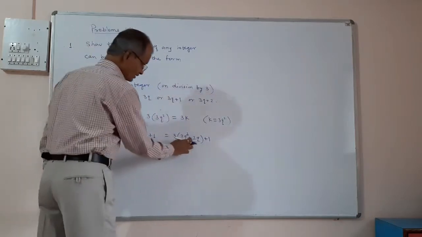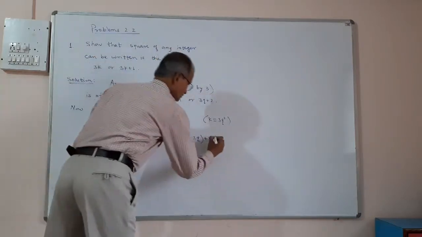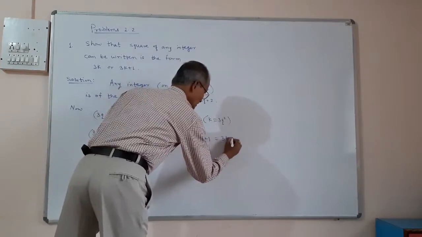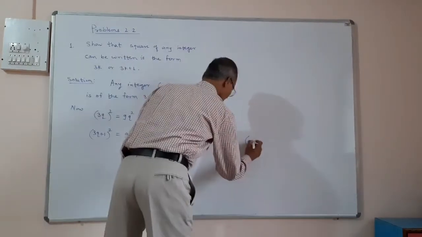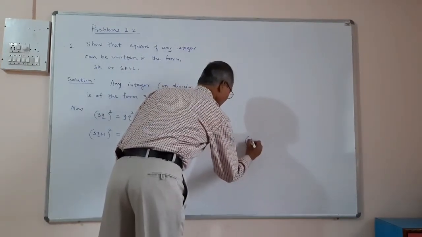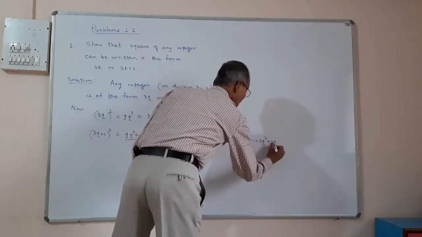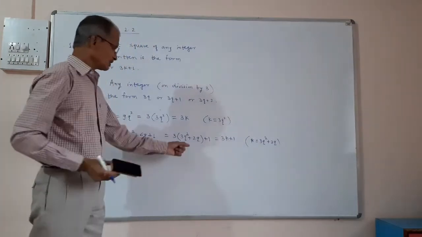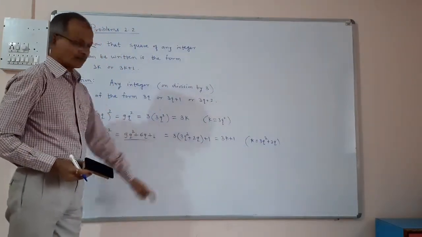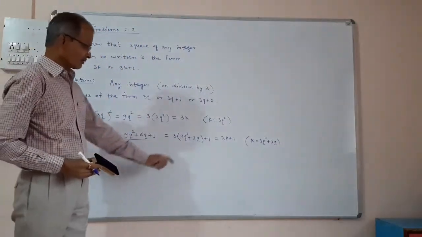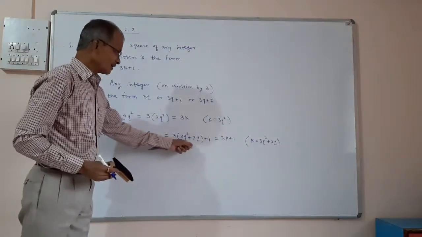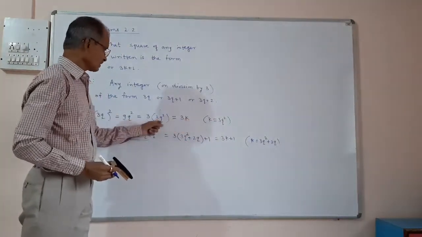And you see this can be taken as k. So therefore this is of the form 3k plus 1, where k is equal to 3q square plus 2q. All are integers. So q is an integer, and its square, multiple, addition, subtraction, etc. will be an integer. We name it here as k.